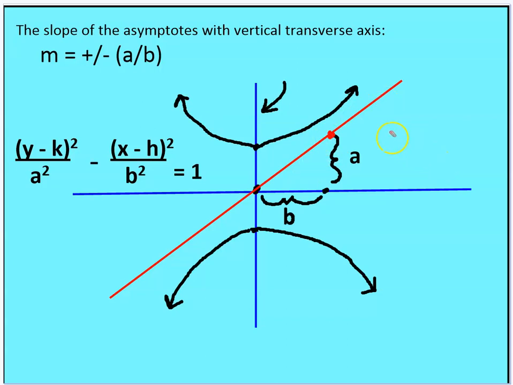All right, so for a vertical transverse axis, your slope will be plus or minus a over b. Plus or minus again because we have two different asymptotes running across each other through the center.